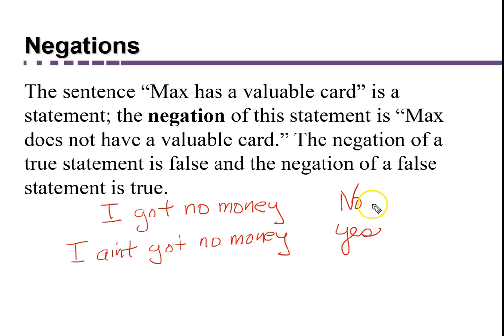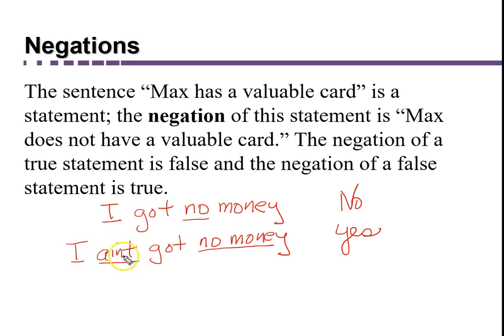And you might say, wait a minute. I ain't got no money. It's in songs. And that's strange. So what's going on here? Well, here, this is in the negative, no money. So the negative is there, no money. But the word ain't is like am not, or another negative.